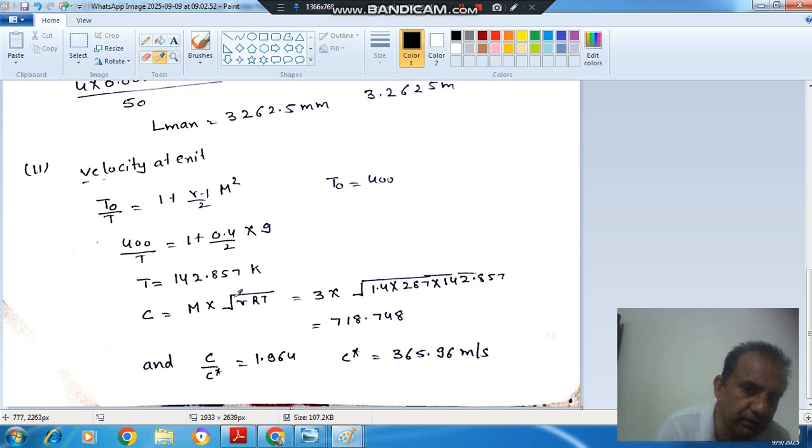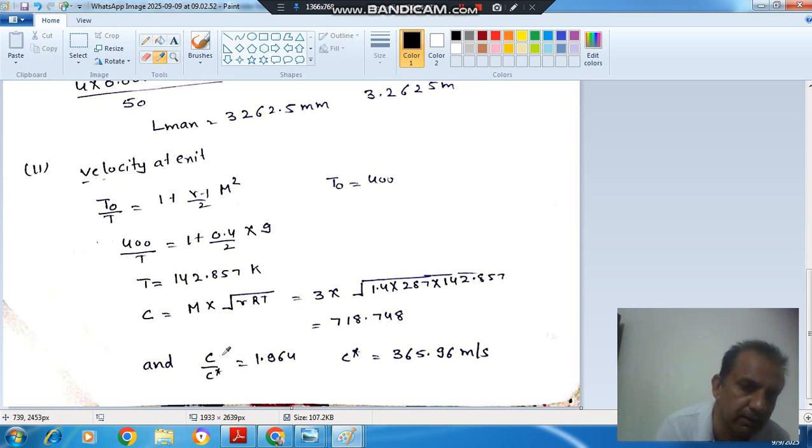From this T is 142.85 Kelvin, and C is the velocity of the fluid at the entry. C is M into root gamma RT. Now T is known, R is known, gamma is known, so at the entry the velocity will come out as 718.748 meter per second.